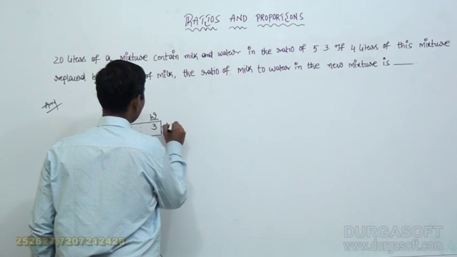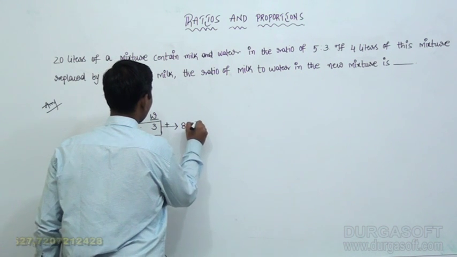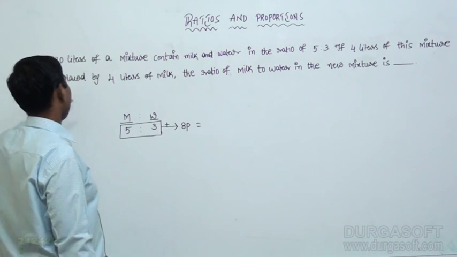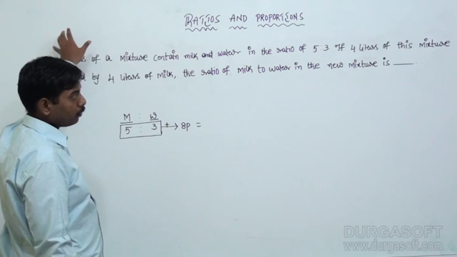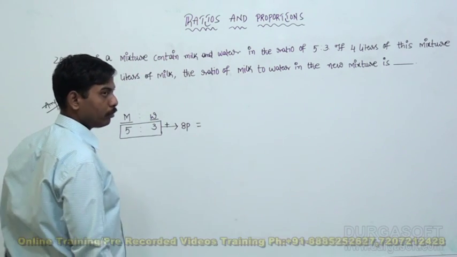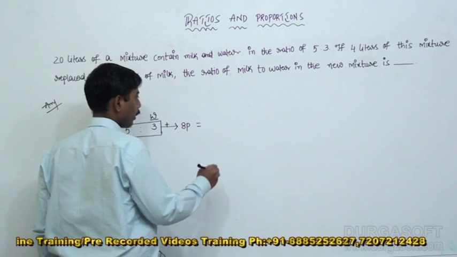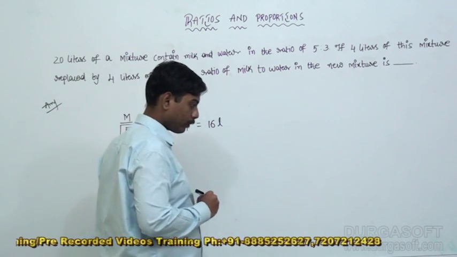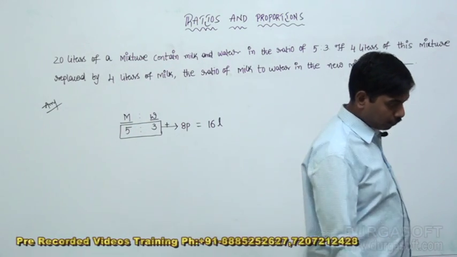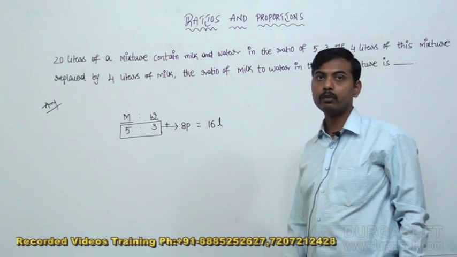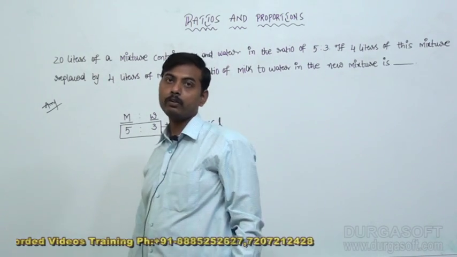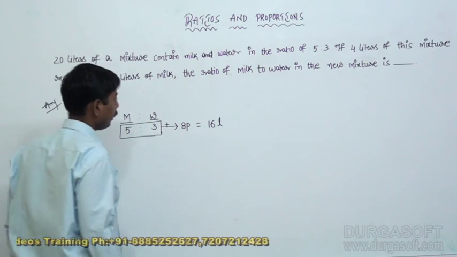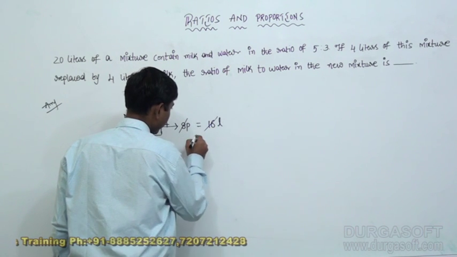So milk and water together is 8 parts. 8 parts equals 16 liters, which means 1 part equals how many liters? Good. 1 part equals 2 liters.